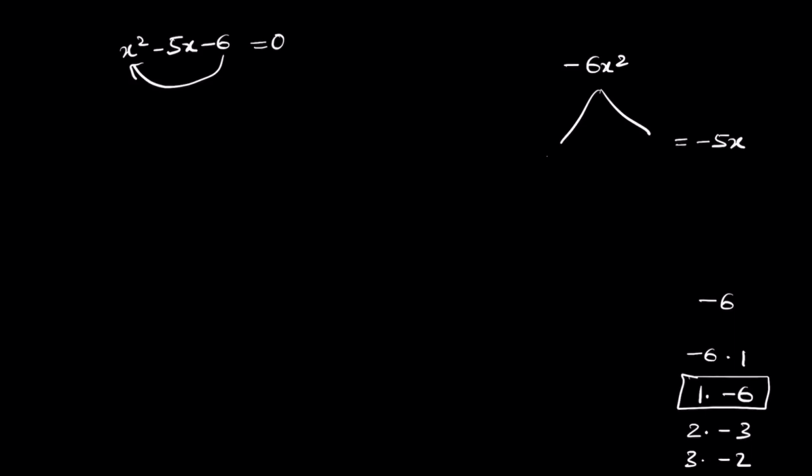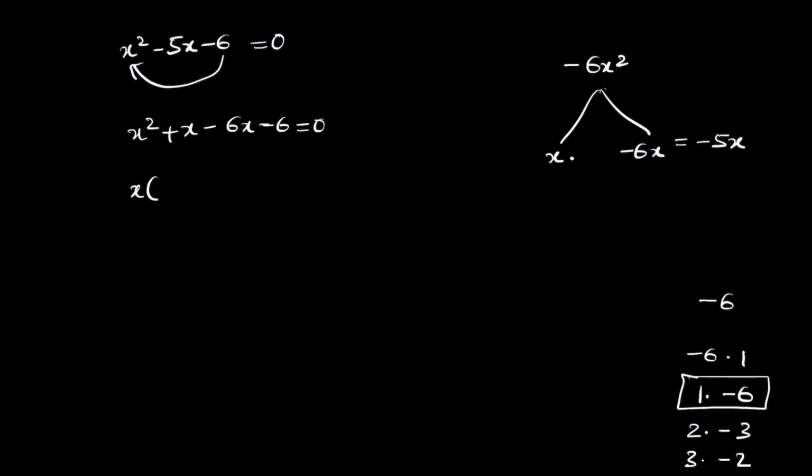So choose that one. x times negative 6x gives you minus 6x square, and x minus 6x gives you minus 5x. So you can write it as x square plus x minus 6x minus 6 equal to 0.